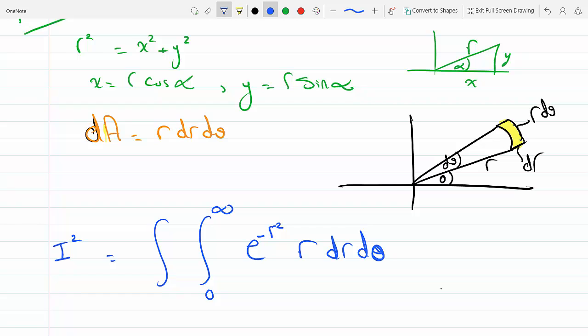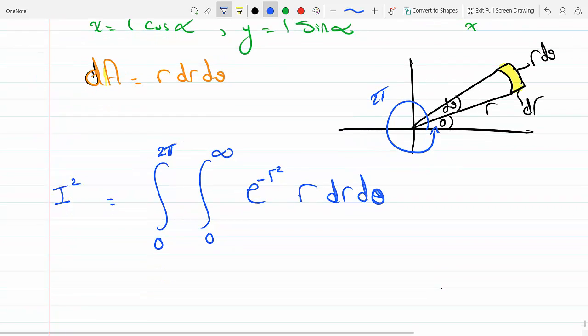And if we're looping around, regardless of where we are on theta, we can enclose the entire xy plane with a circle by going just from 0 to 2 pi on theta. That makes a complete turn. So these will be your new bounds.